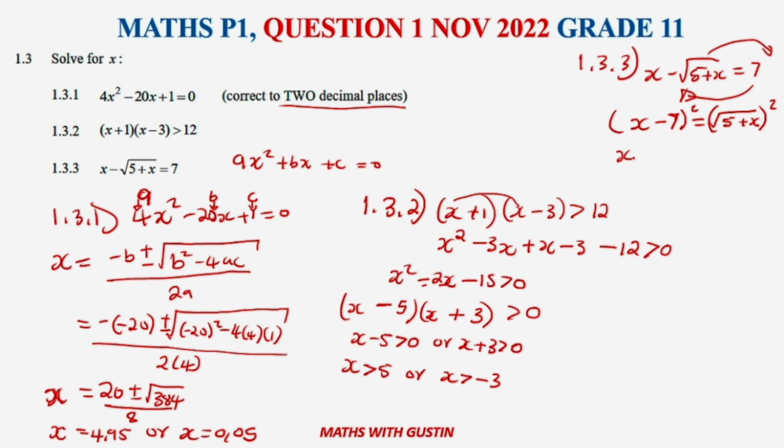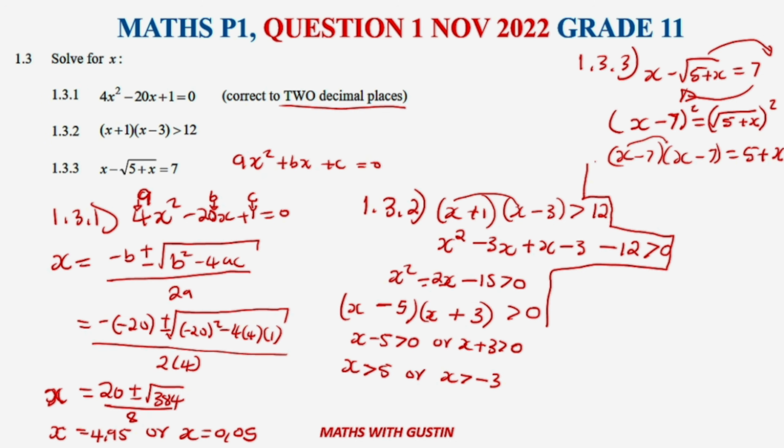Therefore you're going to have x minus 7 squared. On this side you're only going to have 5 plus x, because the square root is going to go away. Here we need to remove the bracket. I'm running out of space, so I'm going to put a line here to separate the two so that you can see them.